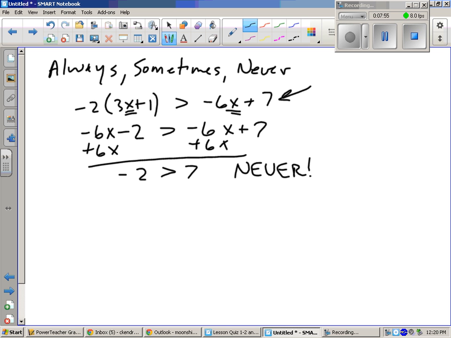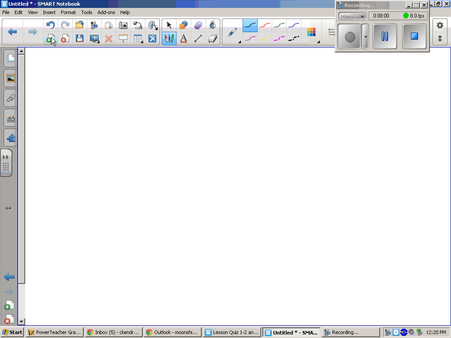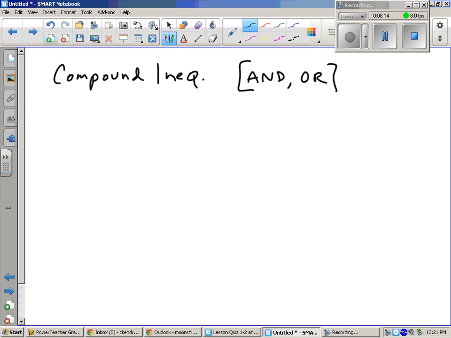Okay, the last thing I want to talk about, and I'm going to go to a new page here, is a compound inequality. Okay, a compound inequality incorporates the words and or. Okay, and they each have a different meaning, and they each have a different graph at the end.